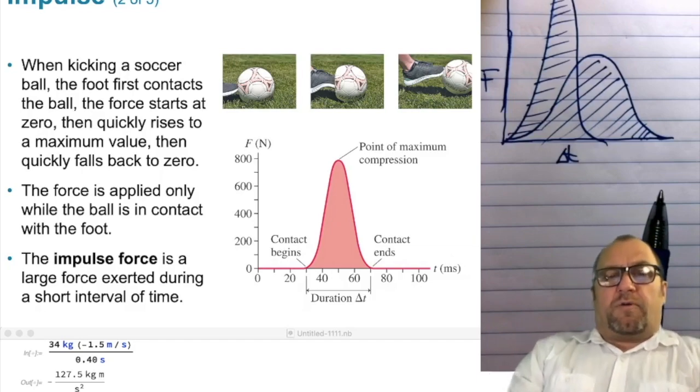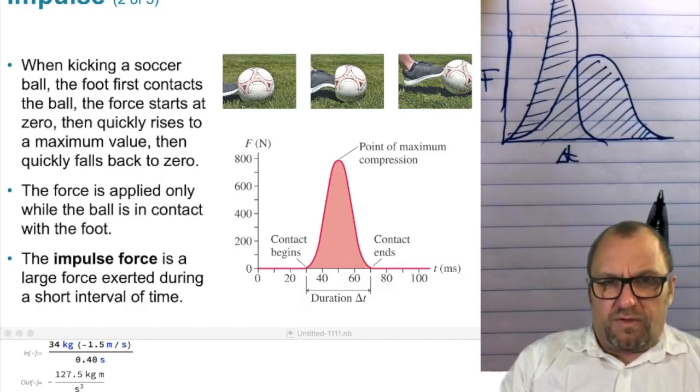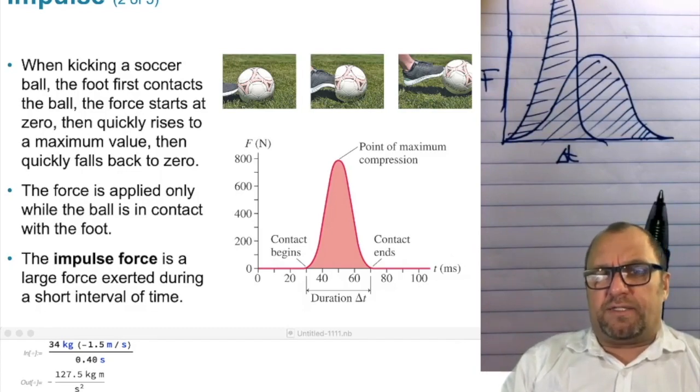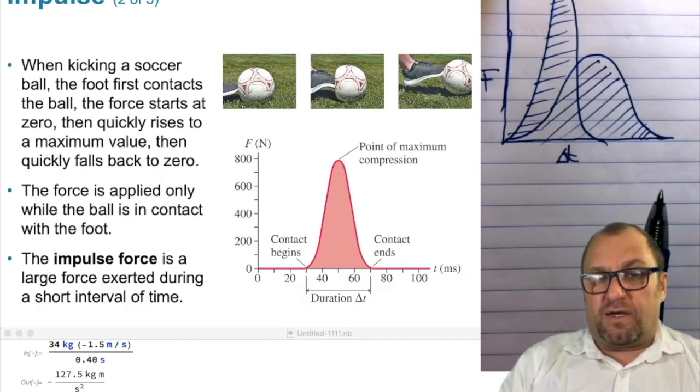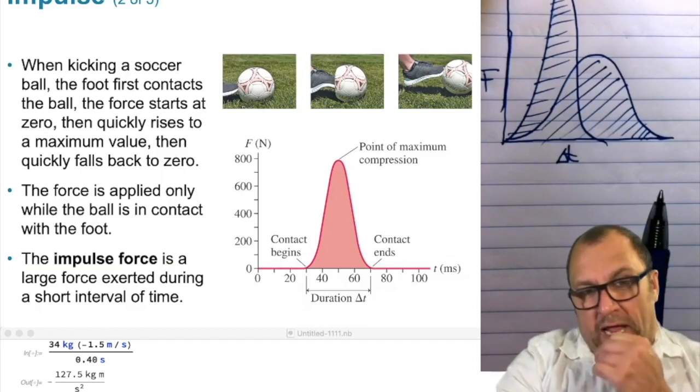So when kicking a soccer ball, the foot first contacts the ball, the force starts at 0, then quickly rises to a maximum value, then quickly falls back to 0. The force is applied only when the ball is in contact with the foot, and the impulse force is a large force exerted during the short time interval.